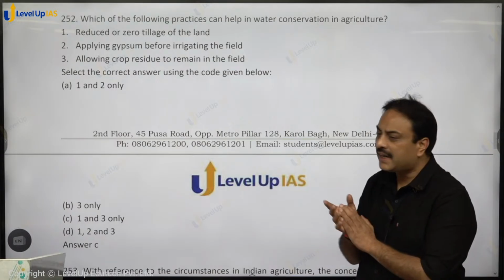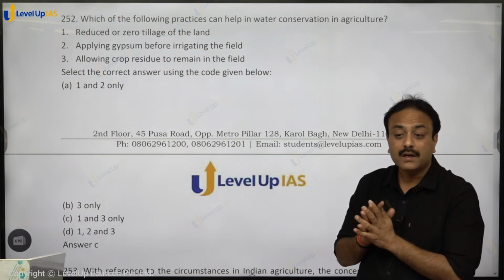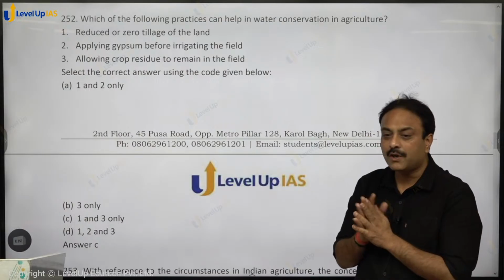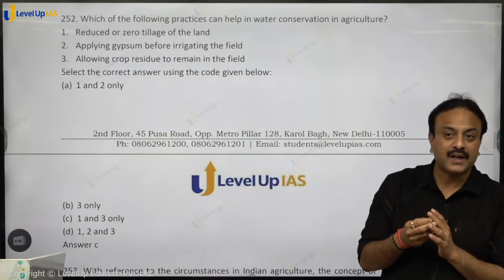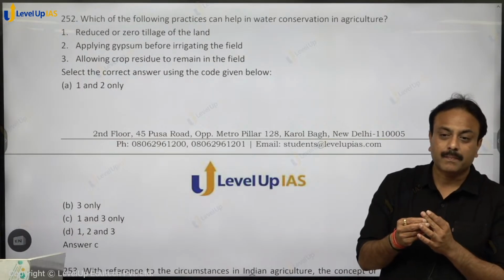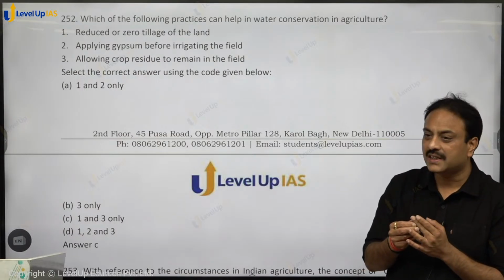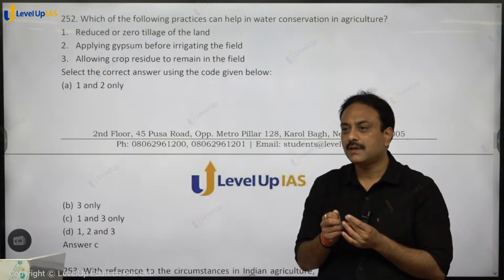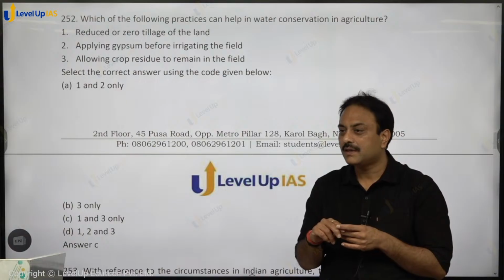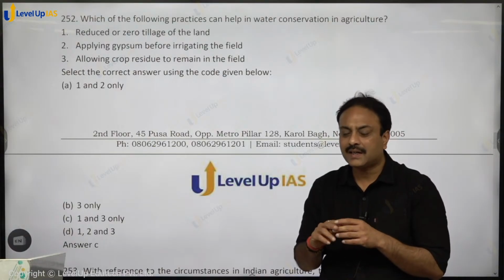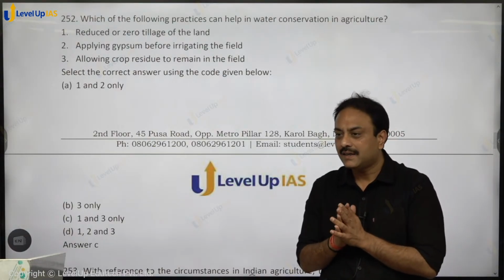Applying gypsum before irrigating the field. Gypsum is what? Waterproofing के लिए use gypsum. वो gypsum होता क्या है basically? What is gypsum? Soil. Salt. What salt? Calcium sulfate dihydrate, right?